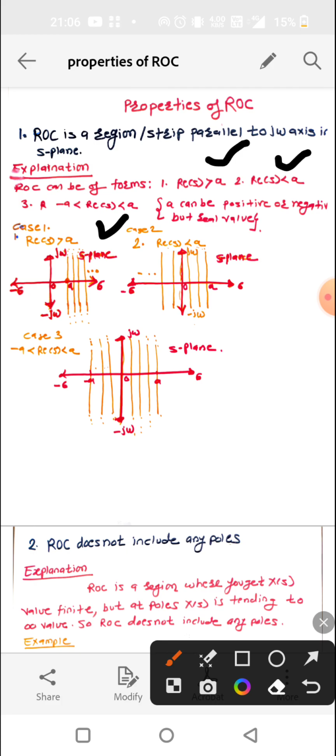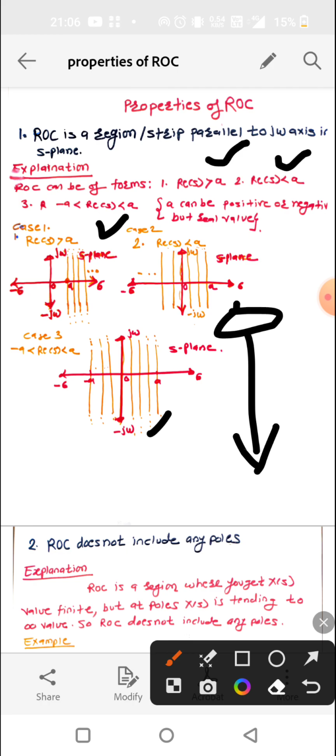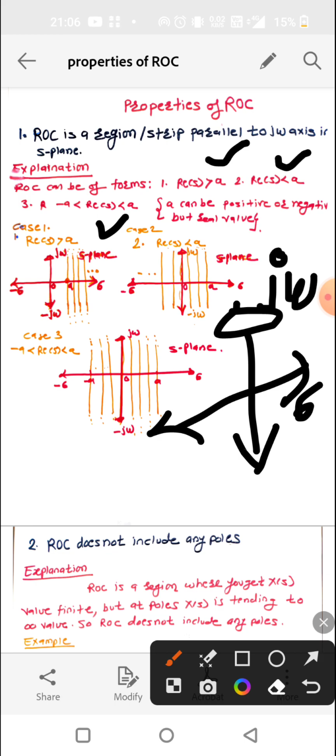You know that in the S plane, on the x-axis there is sigma, which is real S, and on the y-axis there is j omega. So this is the S plane. Now what are the forms of ROC? ROC can be of the form real S greater than A, real S less than A, or real S between minus A to A. If you fix real S, that means the sigma value, you are going to get one vertical line.